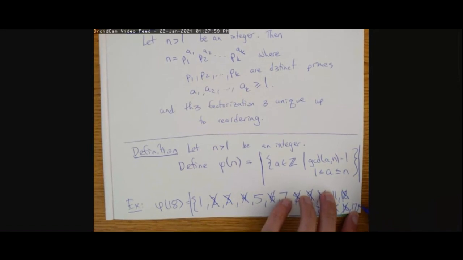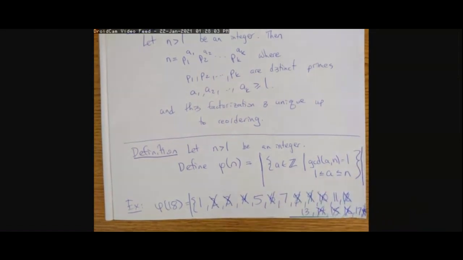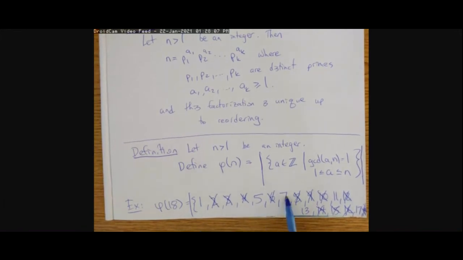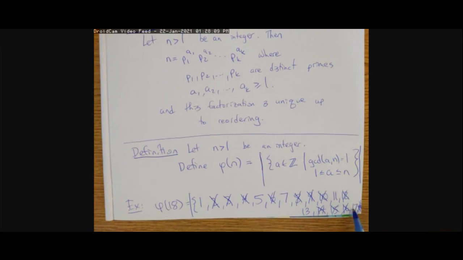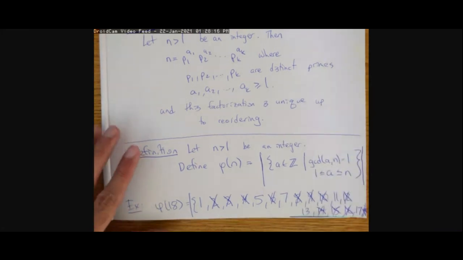So the things that have no common factor with 18 are 1, 5, 7, 11, 13, 17. There's 6 of them. So phi of 18 equals 6.